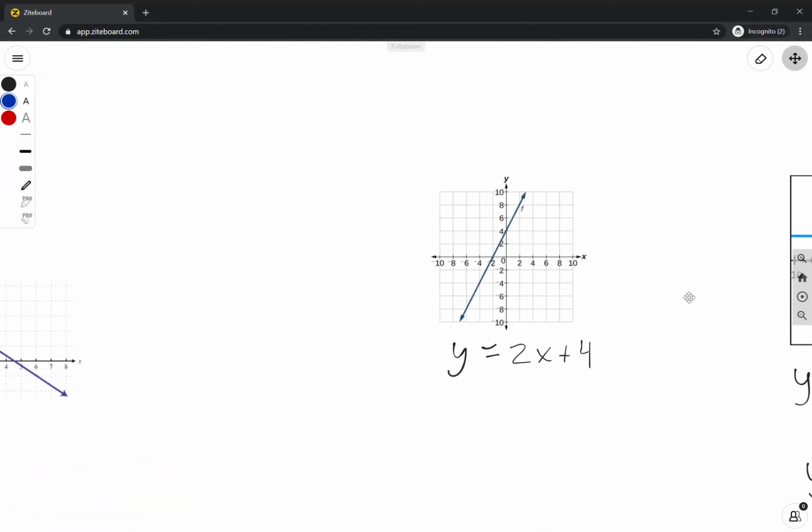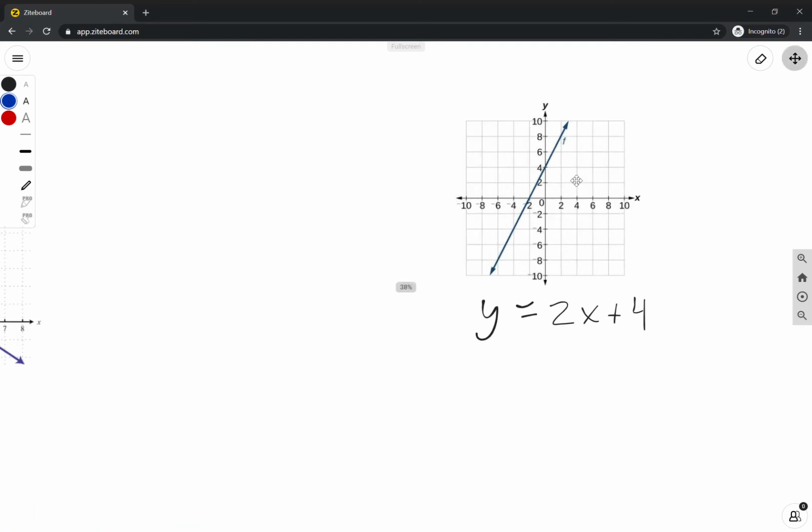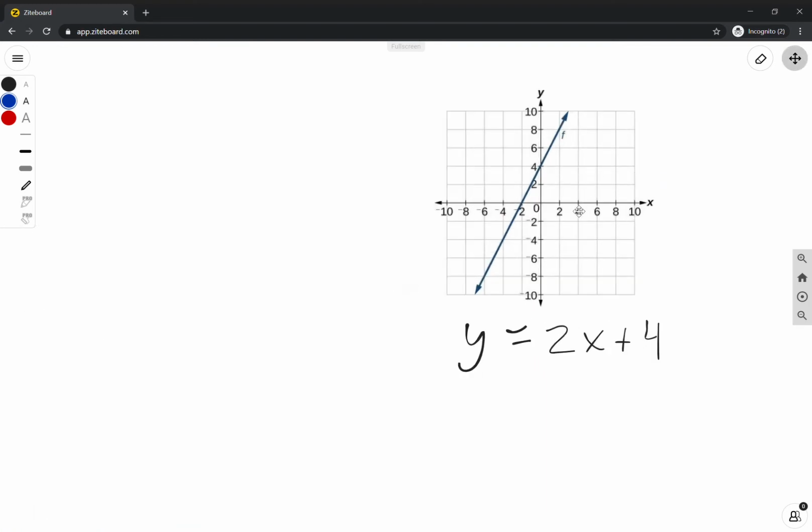Here we have the function y equals 2x plus 4, and we have the graph provided for us as well. So here's how to calculate slope. The first thing you're going to want to do is pick 2 points along the line. They can be any 2 points. For example, two that come to mind for me are (2, 8) and (0, 4).